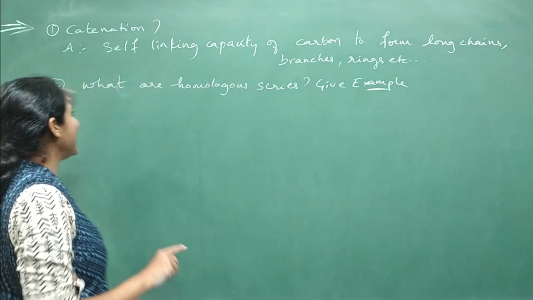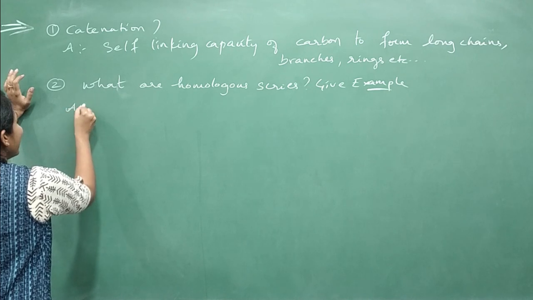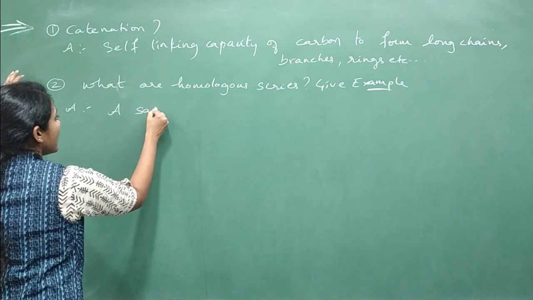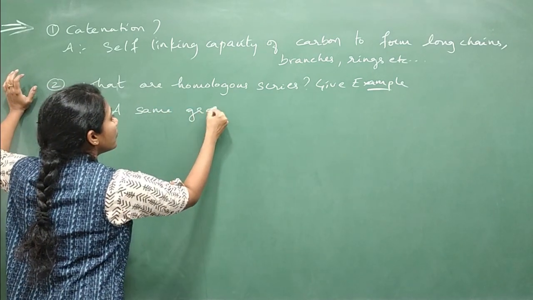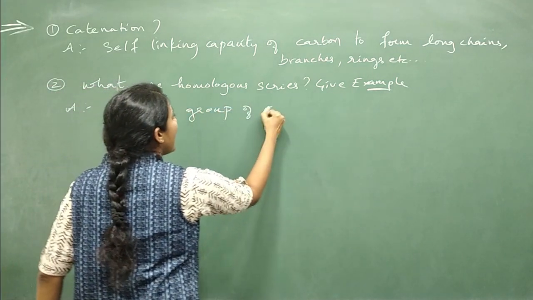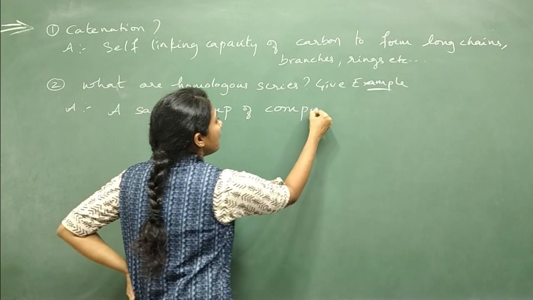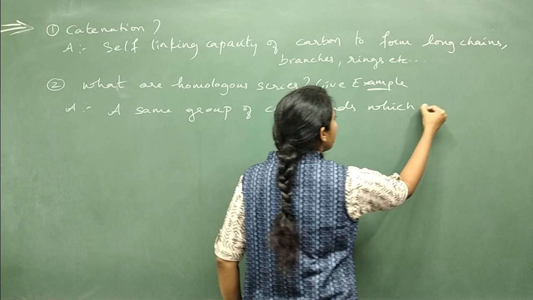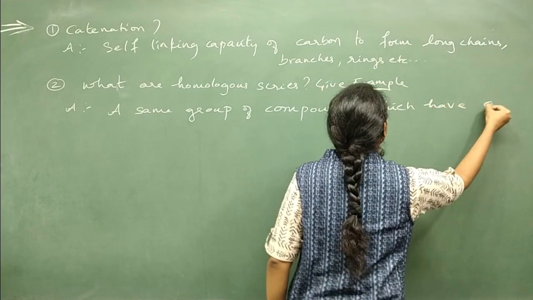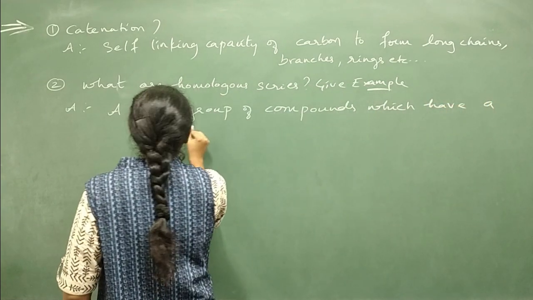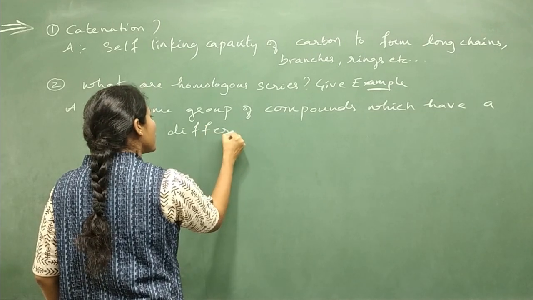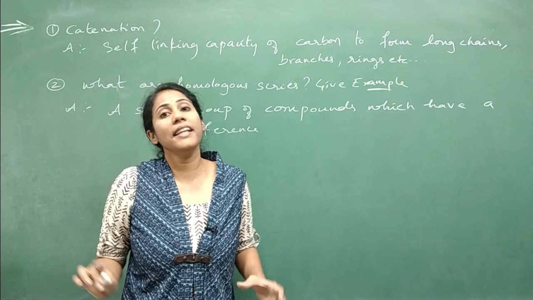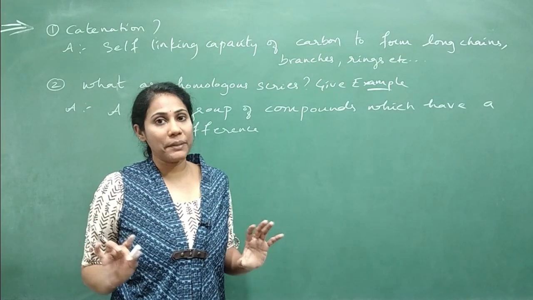Okay, so let me write the answer here. Same group of compounds which have a difference of... okay, so I'm writing all the definitions in a very simple way so that you can remember it easily and write easily in the examination.